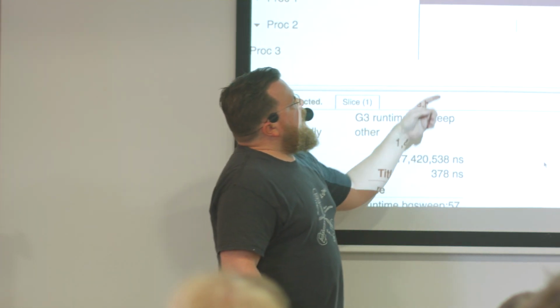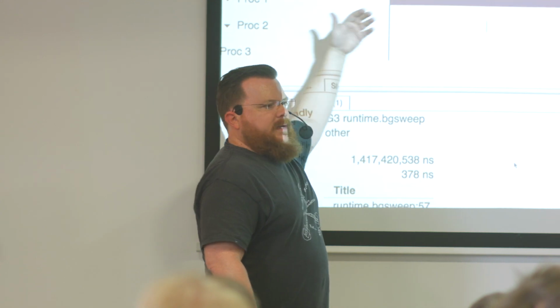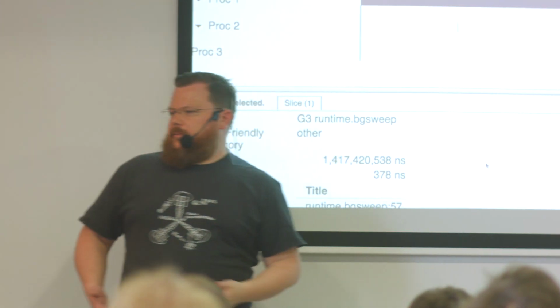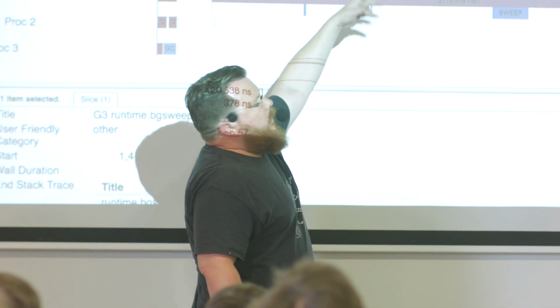So we can see that now the garbage collector has done that. It started a background Go routine to start collecting in the background. And you can see that after a while, it just stopped doing even that because there wasn't enough work to do.